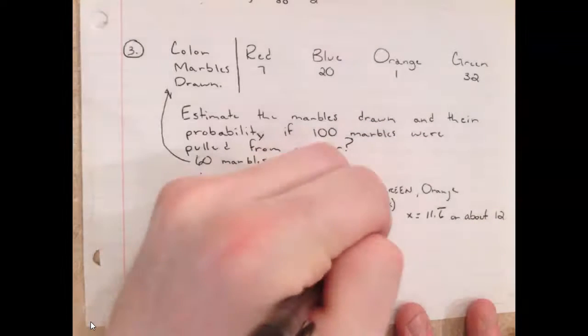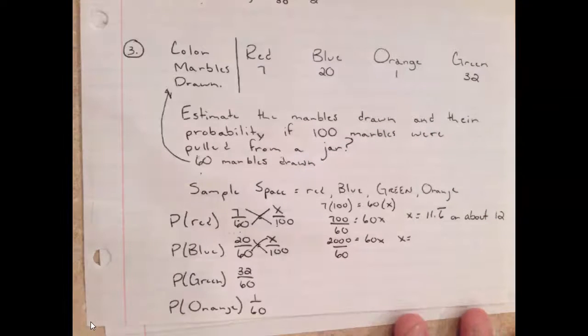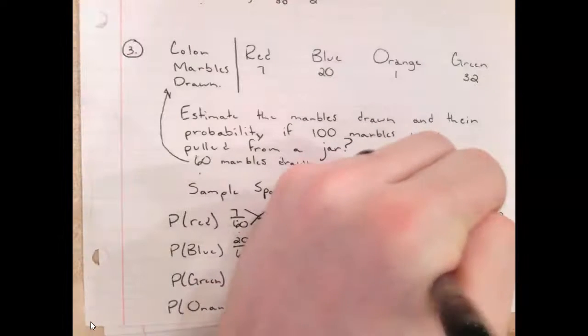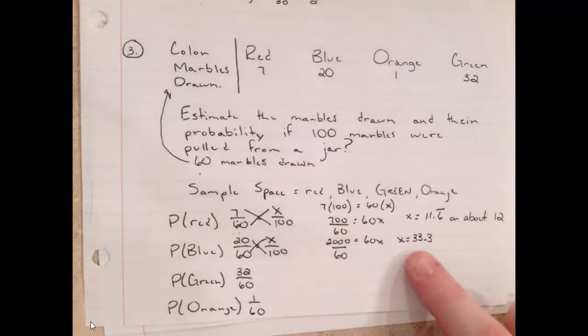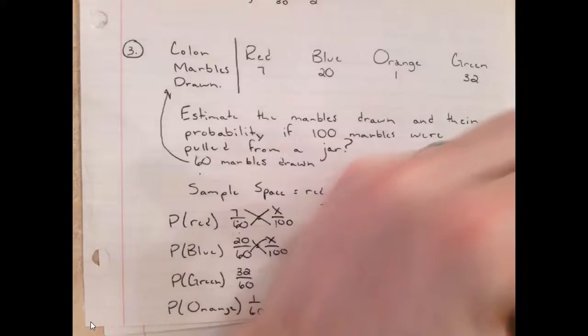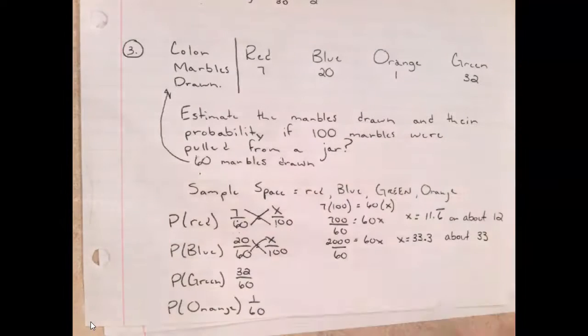Divide by 60. X equals 33.3. For the same reason of the 11.6, I cannot have 33.3 marbles. So it would be about 33. That would round down for rounding purposes.